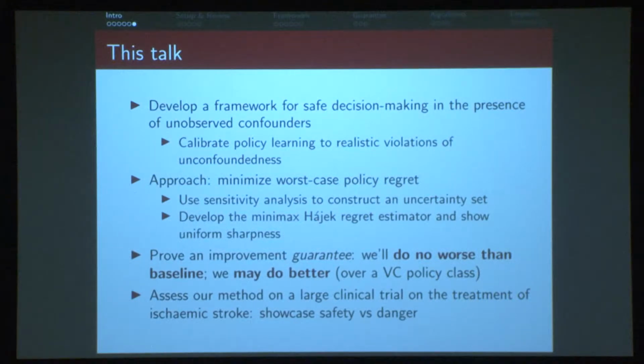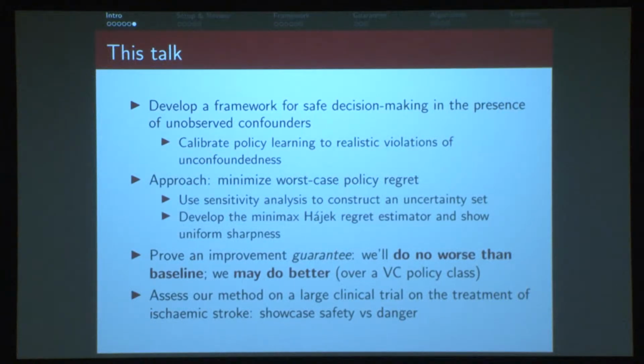And I'm going to show something known as uniform sharpness, which is going to lead to the following improvement guarantee immediately. We're going to be guaranteed that we almost never will do worse than the baseline. And we may do better, and we can check this by just looking at the objective value of the program that you're optimizing. We'll talk about the exact conditions under which this would hold.